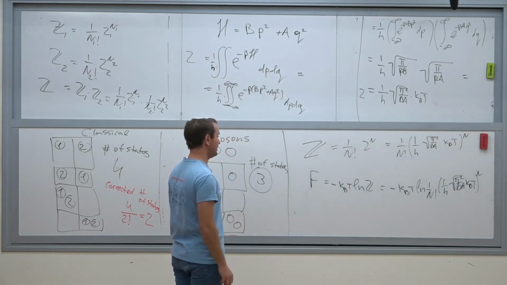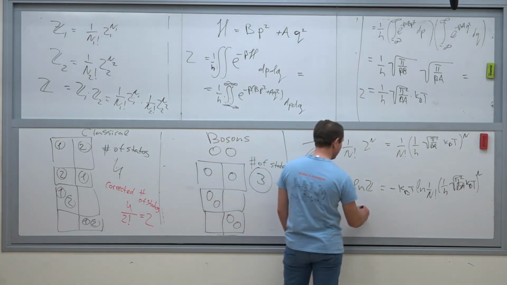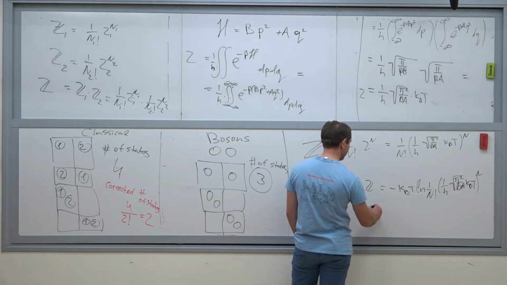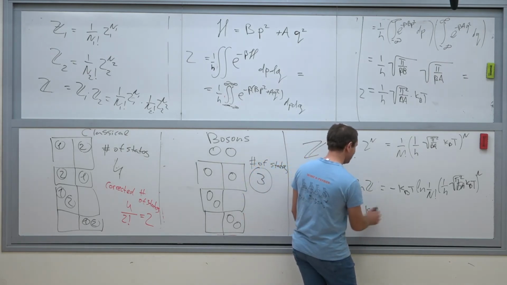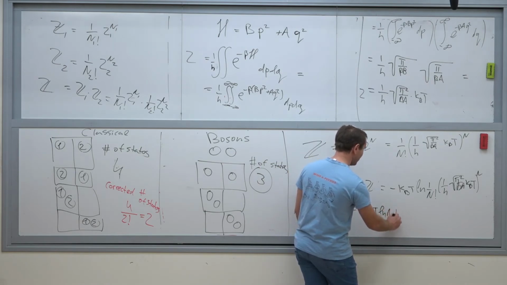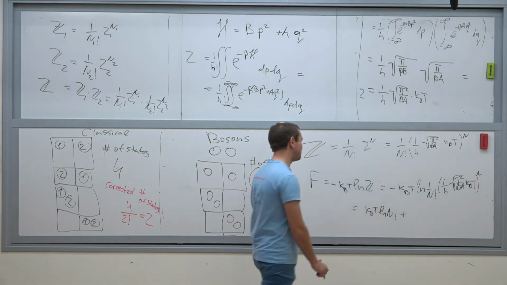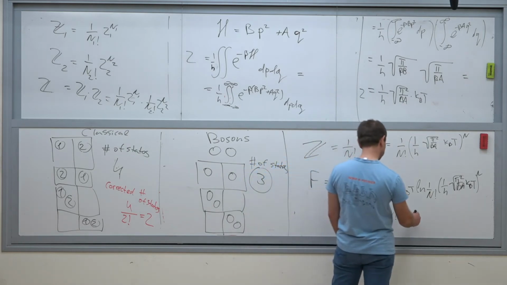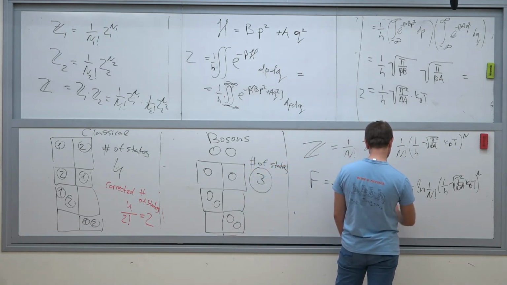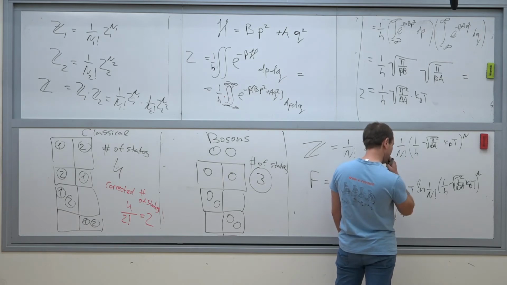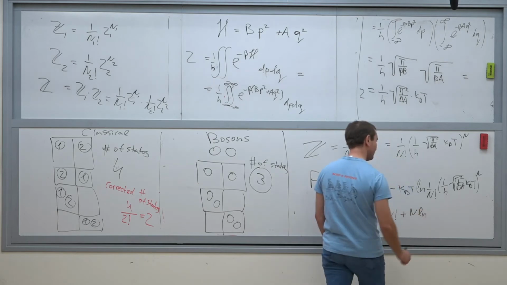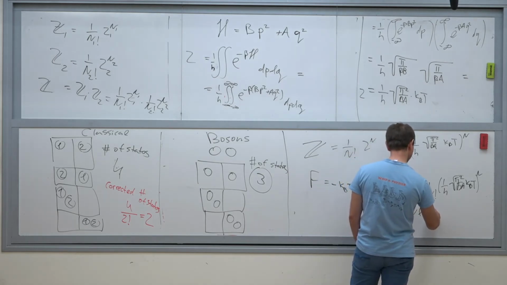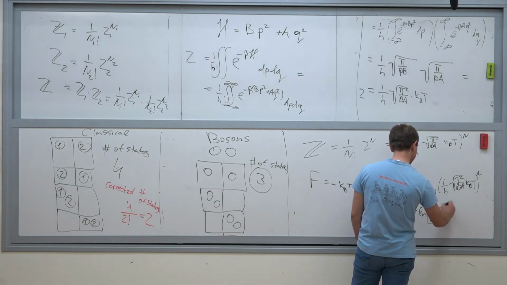Now, eventually, what I have here is minus k Boltzmann T, log of n factorial, plus again k Boltzmann T multiplied by n and the log of whatever stands inside, so it's 1 over h square root of pi squared b to the a.